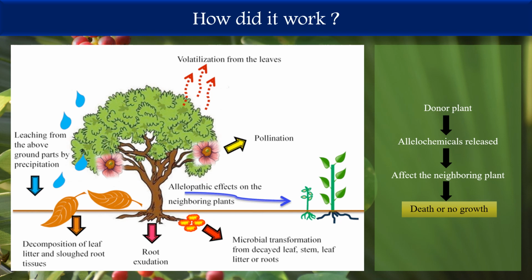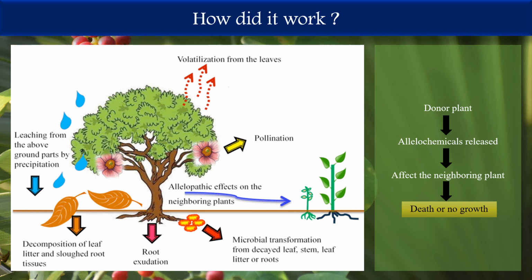This is how the allelopathic plant works. As you can see in this picture, the donor plant releases its allelochemicals and it affects the neighboring plant, which then leads to death or no growth.